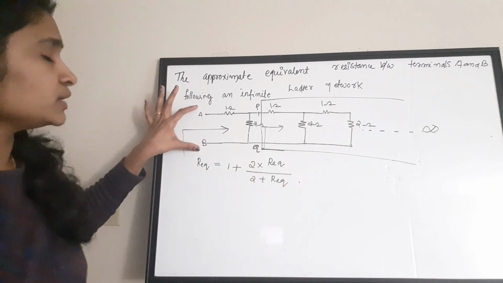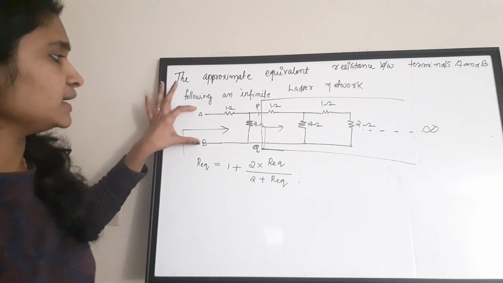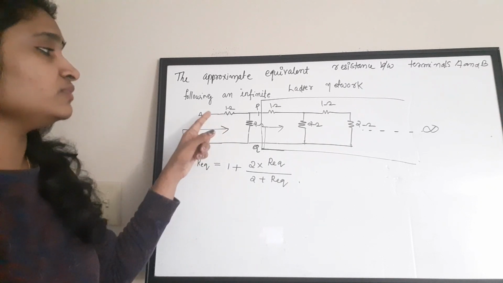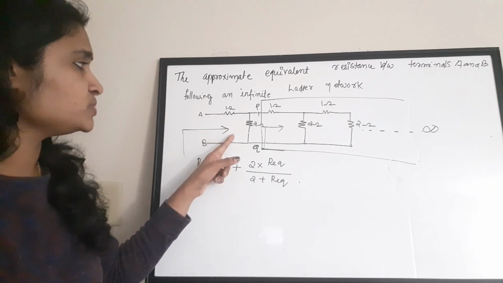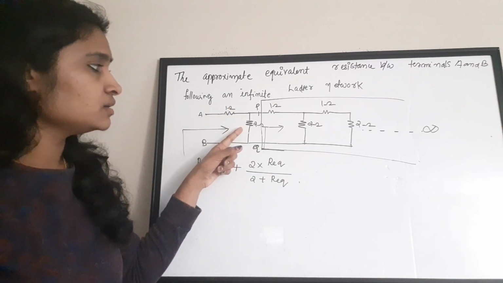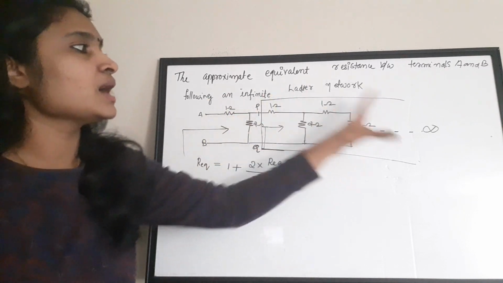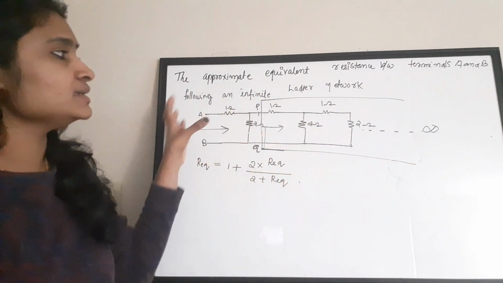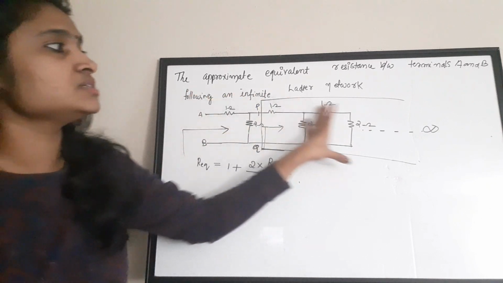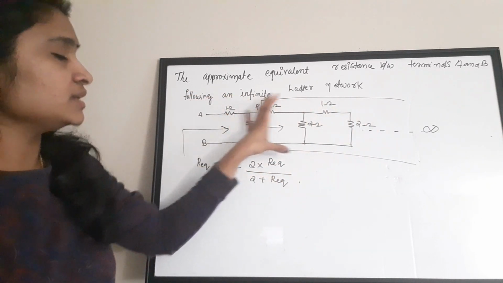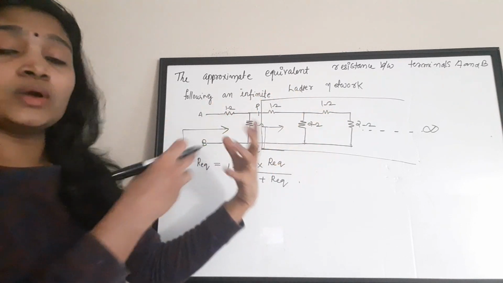Okay, so you are going to find the equivalent between A and B, and we are calling that Req, and we know that Req is obtained with the series connection of this 1 ohm and 2 ohm connected with another set of network. And if you see that network also, you can find that it is nothing but the replica of this network itself, and it is going in an infinite way.